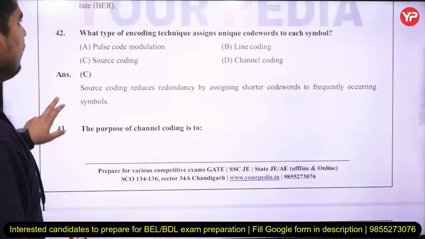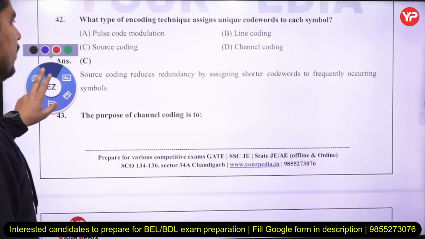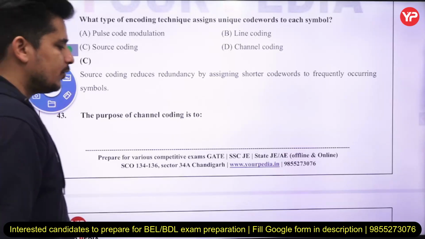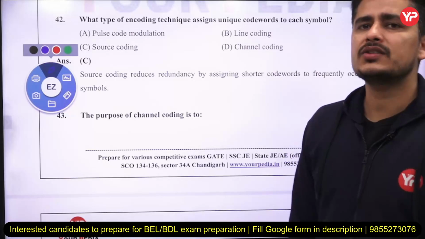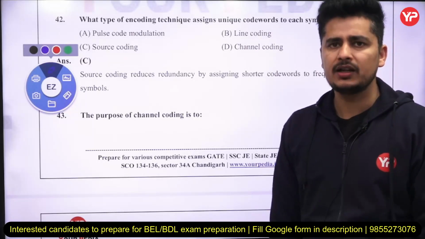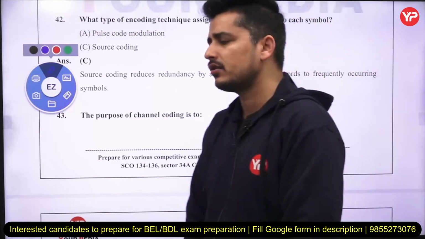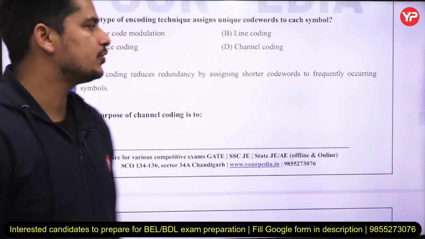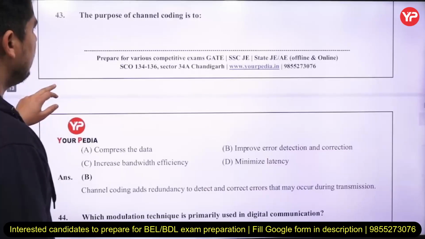What type of encoding technique assigns a unique code to each symbol? Whenever we are talking about information theory and encoding, every symbol will be assigned a unique code, right? That unique code will be given by source coding. There are several source coding algorithms which we can use to assign a unique code so that we will receive effectively.